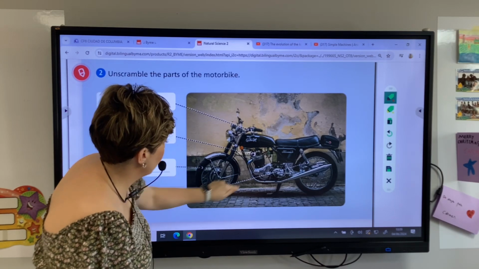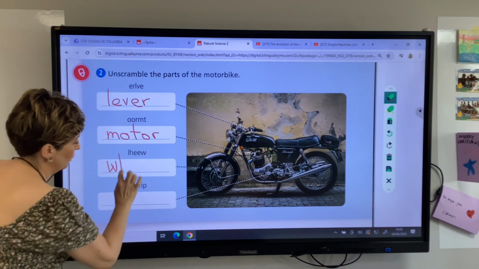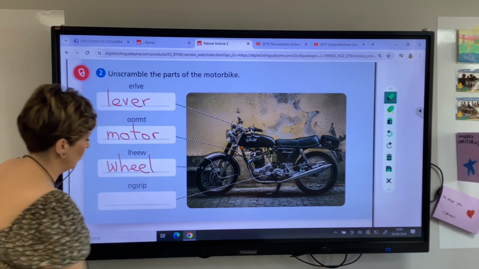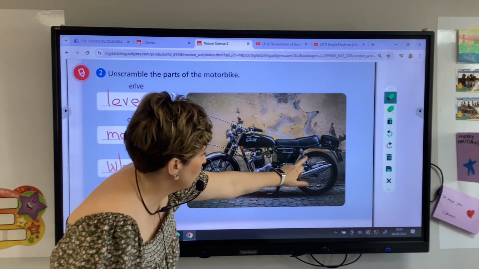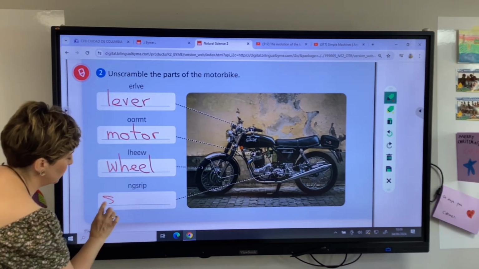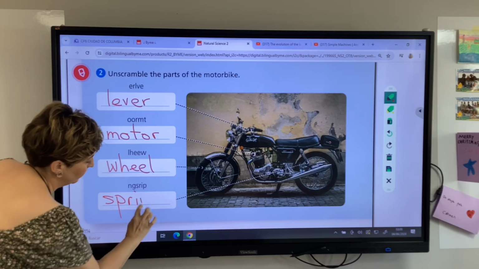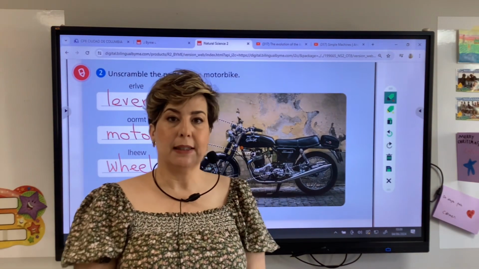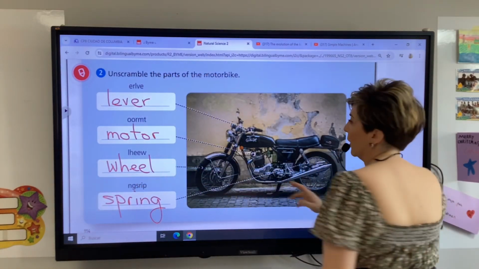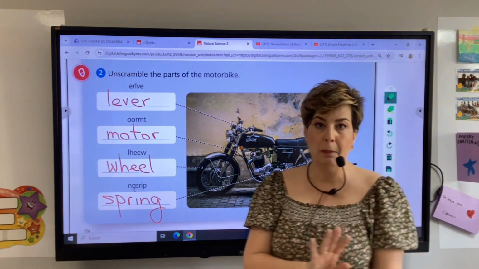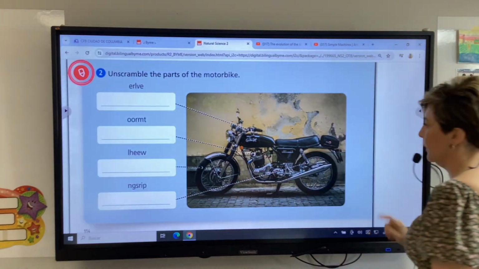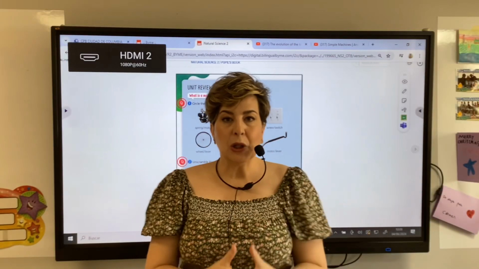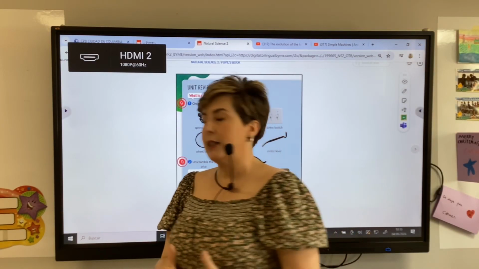Here we got a wheel, double E, okay, wheel. And this thing here is a spring. Okay, so those will be the parts of the motorcycle. And all of them are simple or complex machines. That's very important. Let's go to the next part of the unit.